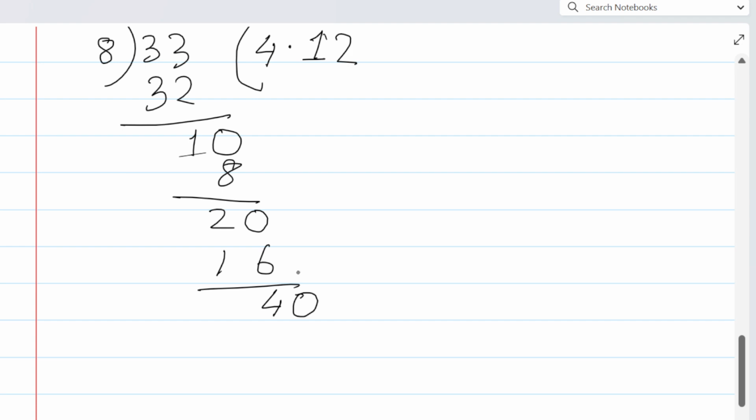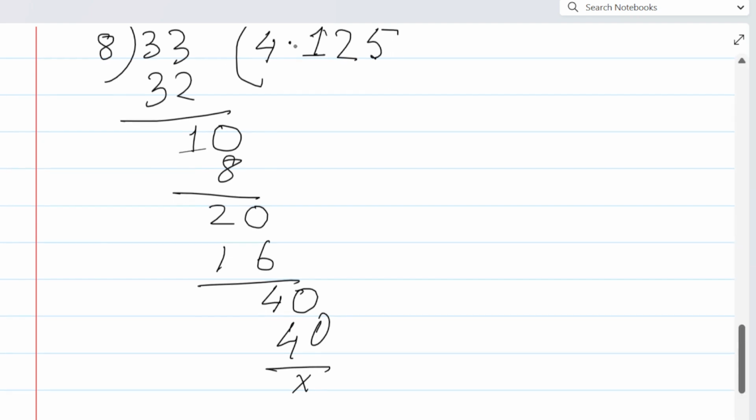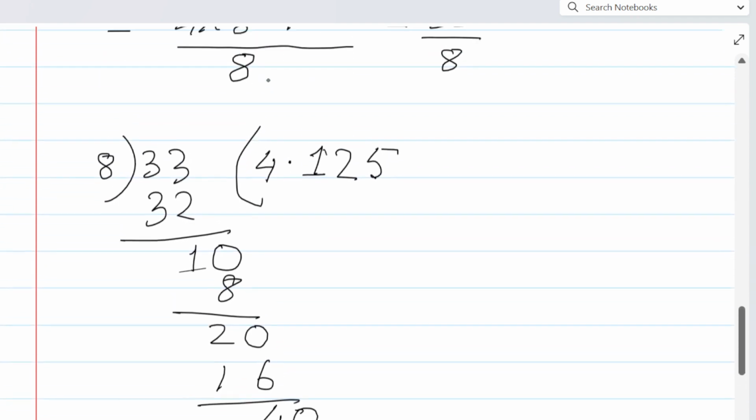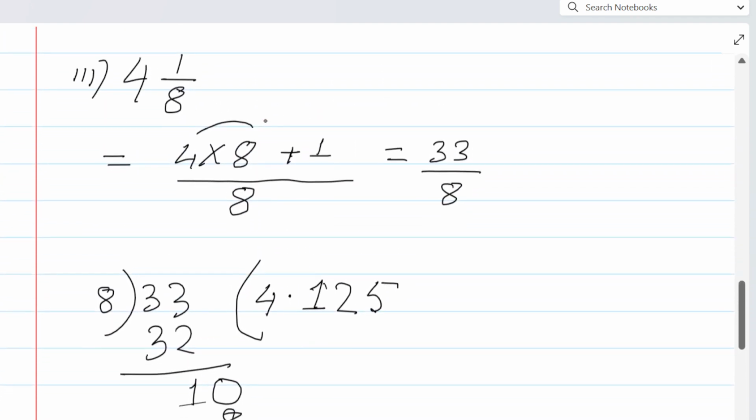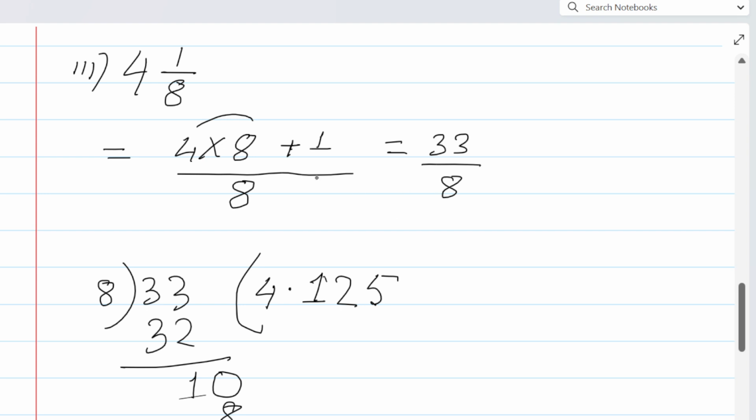So 8 and 40 if we divide, you'll get 5. So 8 5s are 40. So this is also terminating, isn't it? This decimal expansion, after I divide 33 and 8, I'm getting 4.125.